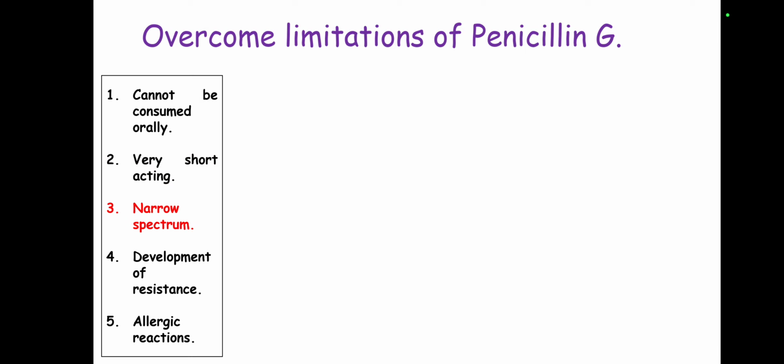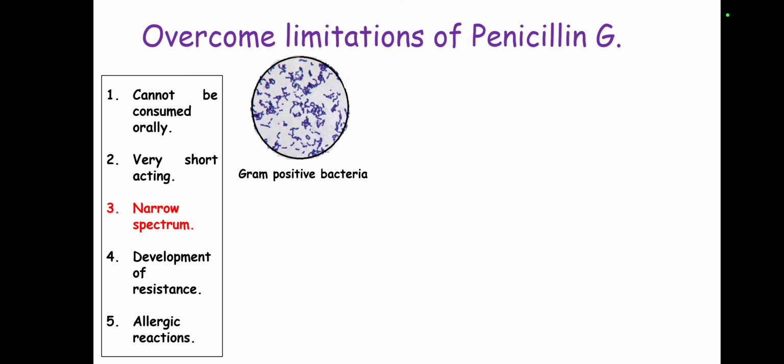Now coming to the third problem, that is narrow spectrum. First of all, we'll discuss the spectrum of penicillins. Penicillin G is mainly effective against gram-positive bacteria. Gram-positive bacteria mainly include cocci like Streptococcus and Staphylococcus.